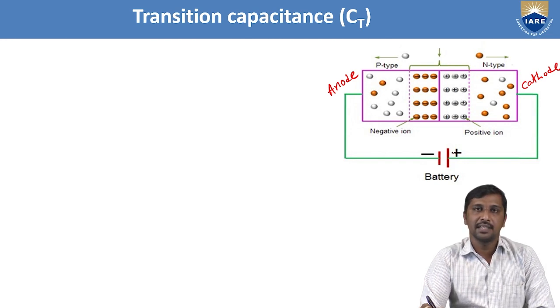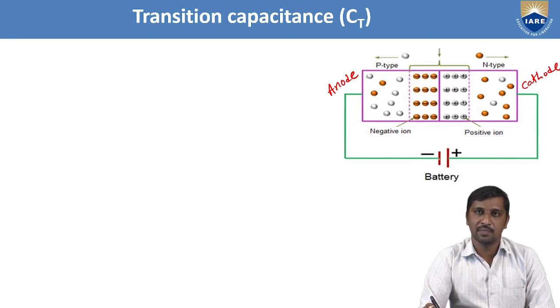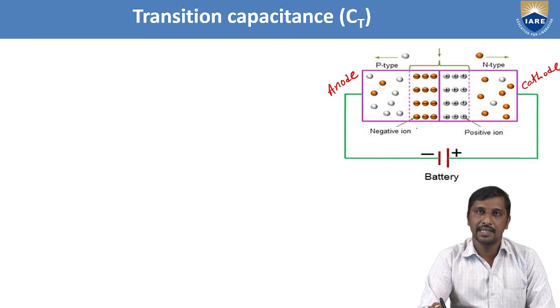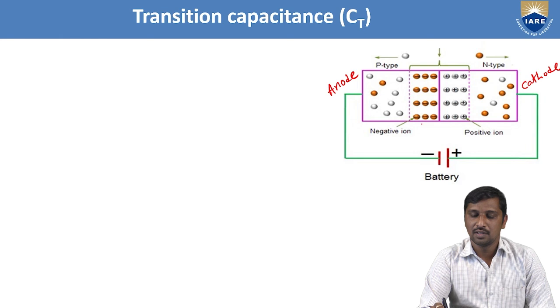Hence, the PN junction diode acts as reverse biased. Here we observe that due to this applied external force, the majority charge carriers are attracted towards the battery. Hence, it increases the depletion space charge region or potential barrier width. Because of that, these charge carriers are not diffusing towards the internal region; they are diffusing towards the battery side.